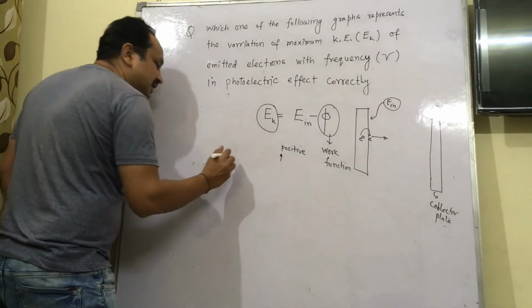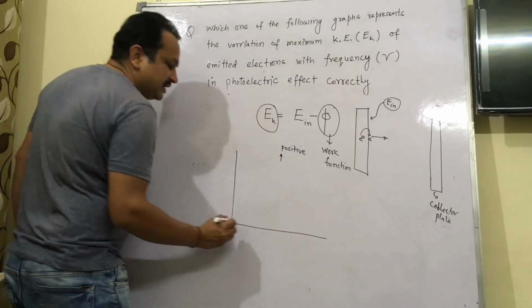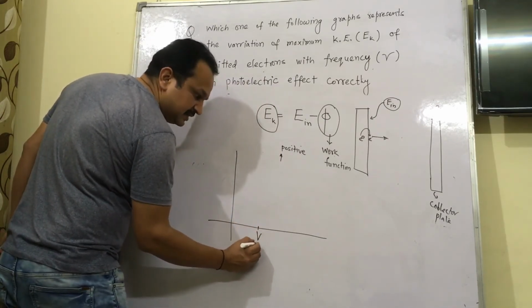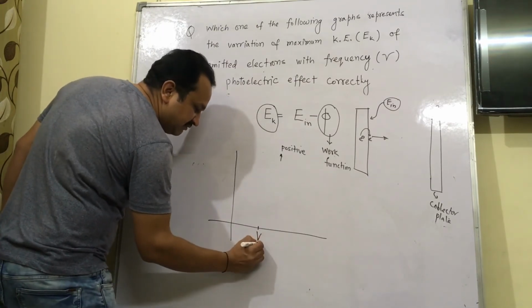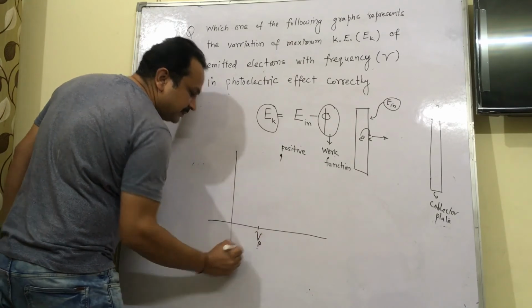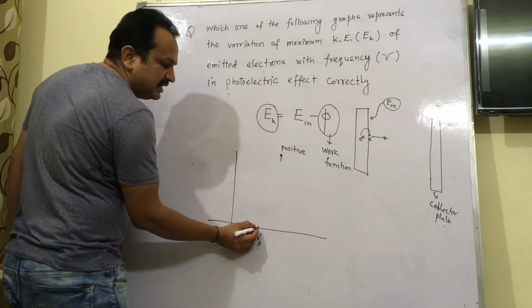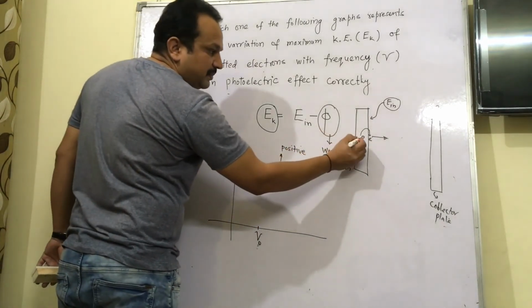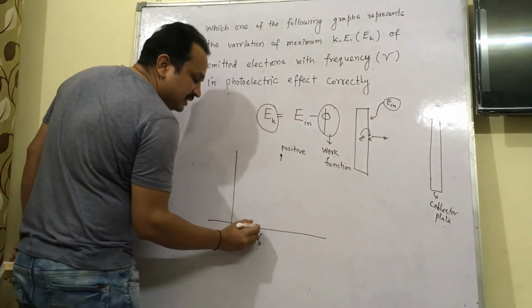then the kinetic energy will start at a particular frequency, which is known as the threshold frequency, or we can say it is nu naught. Only at this threshold frequency the electron will come out from inside to the metal surface.